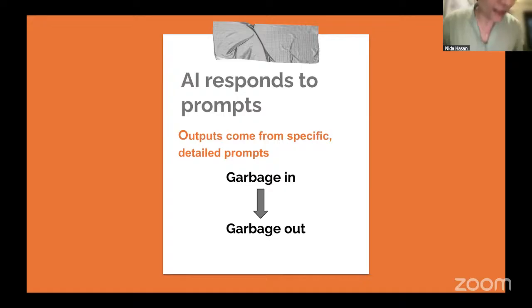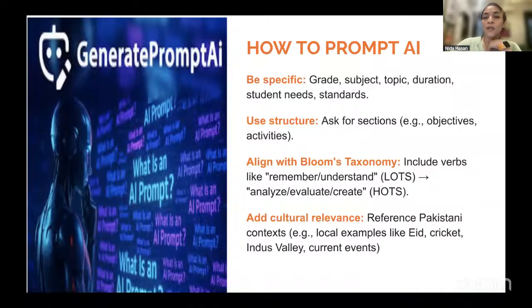What do I mean by that? What I mean is that we are going to give prompts which are specific to our grade. Which grade am I teaching? Am I teaching grade 5, 6, 9, 10?